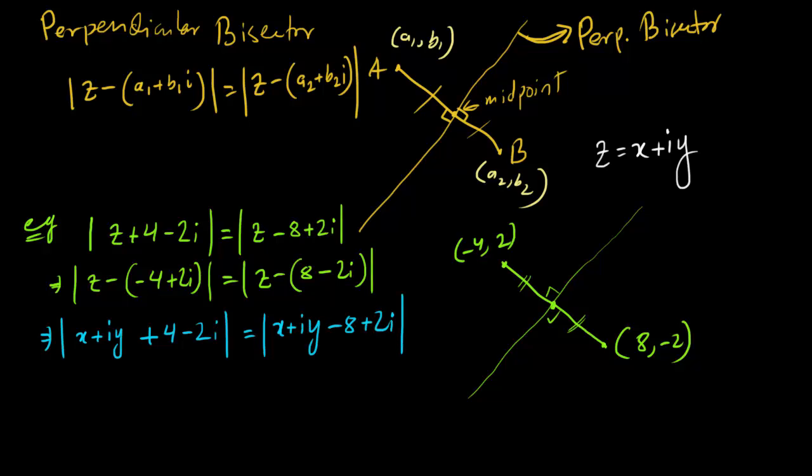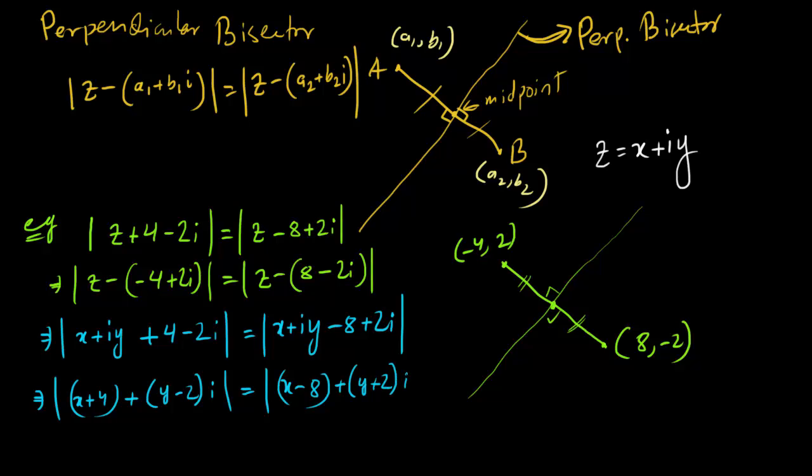If you open the bracket, let's bring the real portion together. So x and 4. So x plus 4 is the real portion. If we take i common, y minus 2i, that's the imaginary portion. Similarly, x minus 8 is the real portion. y plus 2 is the imaginary portion.